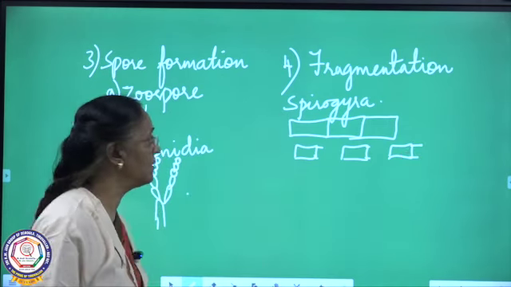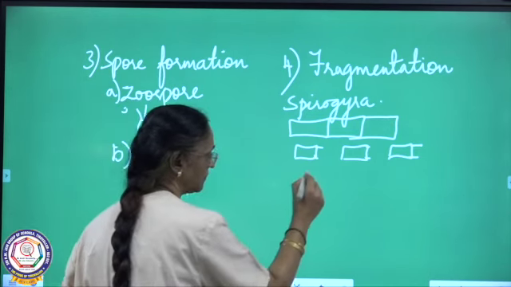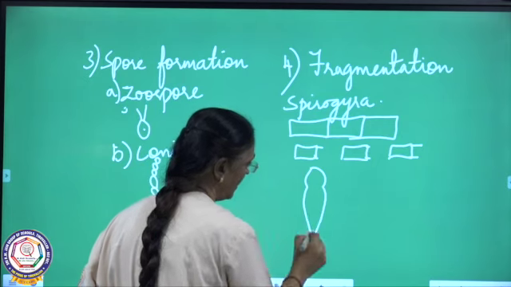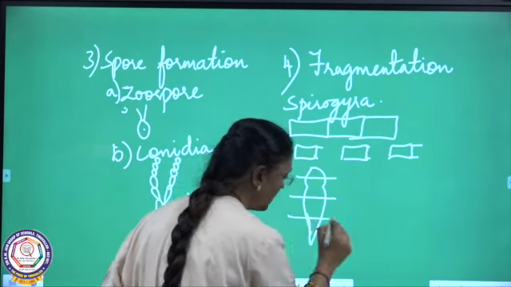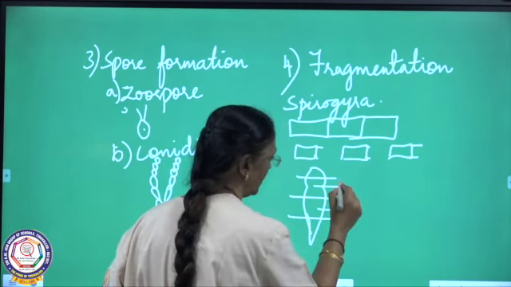The next example of fragmentation we can find in a flatworm, planaria. Any fragment of the planaria will develop into an individual.